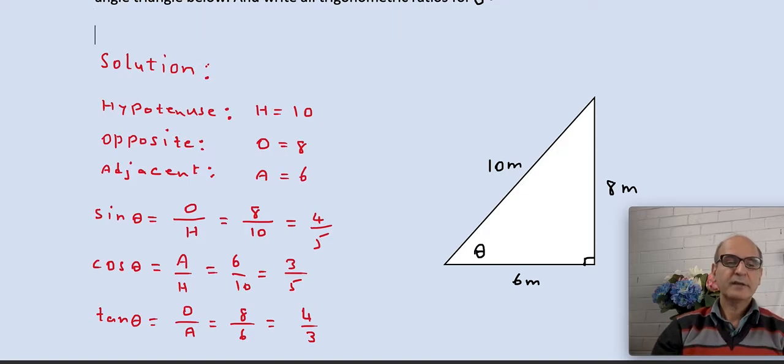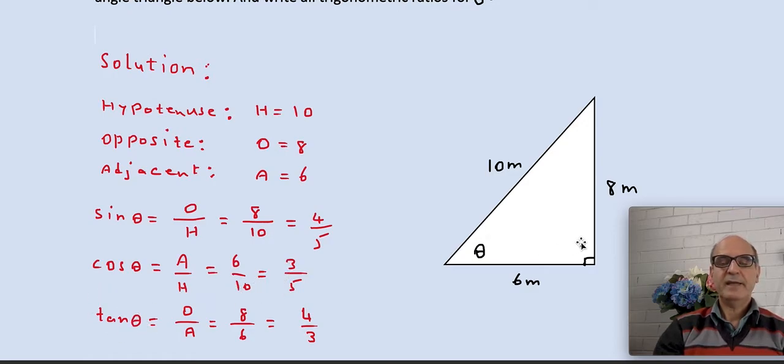For cos theta, it's adjacent over hypotenuse. Adjacent was 6, so 6 over hypotenuse, which was 10. Again, you can halve both of them to become 3, 5. 6 divided by 2 is 3, 10 divided by 2 is 5. So cos theta is 6 on 10 or 3 on 5.